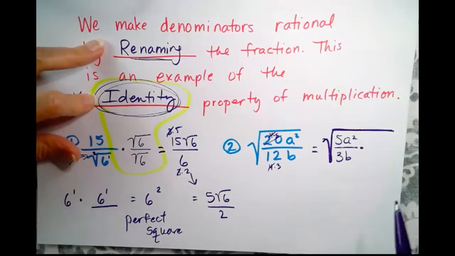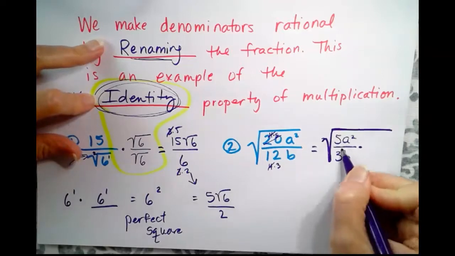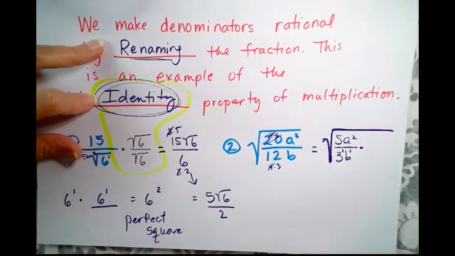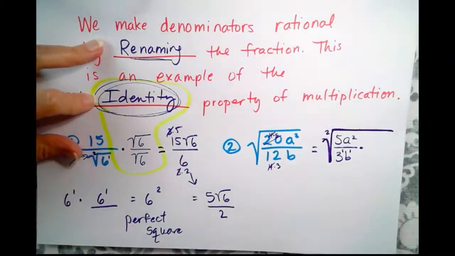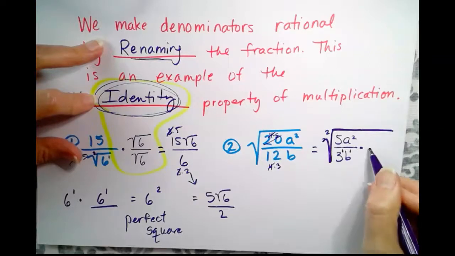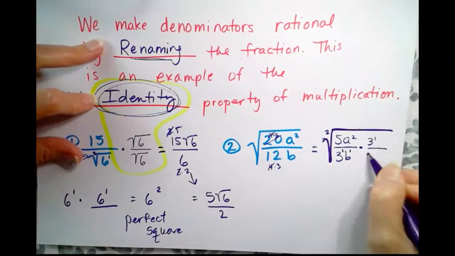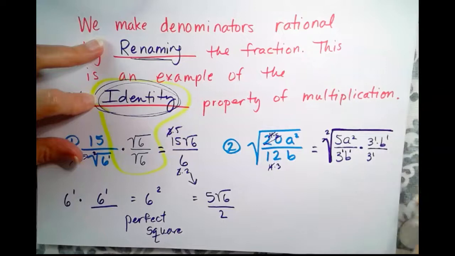So we're going to ask the question again. We've got 3 to the first and b to the first. I need a perfect square in order to undo the square root. So I need 1 more power of 3 and 1 more power of b.